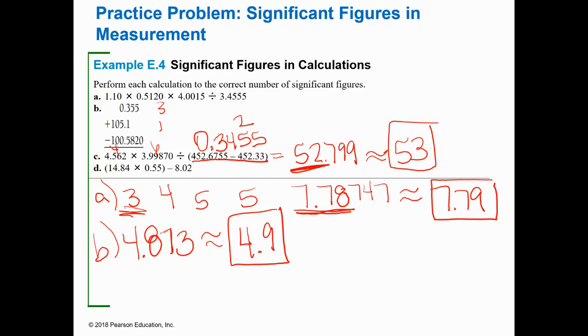For D, again, we pay attention to parentheses first, but we would have paid attention to multiplication before we did subtraction anyway. But I am going to go ahead and multiply those. And note, I'm only keeping 2 from there. So I've got 8.162 from that, and I'm going to subtract 8.02.